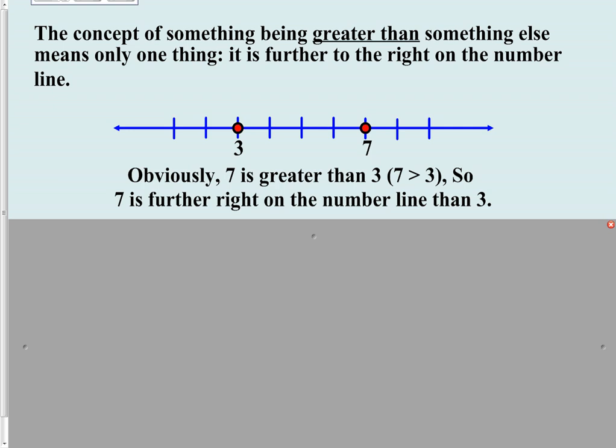If you had an alligator mouth teacher, they said the symbol was like an alligator's mouth and it was going to eat the larger value because it was hungry. Anyway, 7 is greater than 3. All that means is 7 is further towards the positive values than the 3 is.